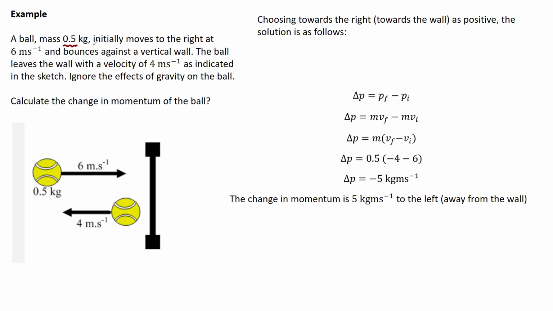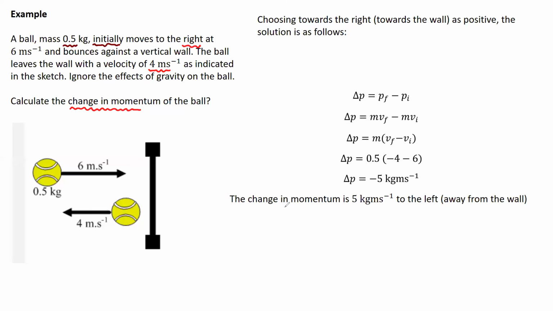Initially moves to the right at 6 meters per second and bounces against a vertical wall. The ball leaves the wall with the velocity of 4 meters per second as indicated in the sketch. Ignore the effects of gravity on the ball. Calculate the change in the momentum.